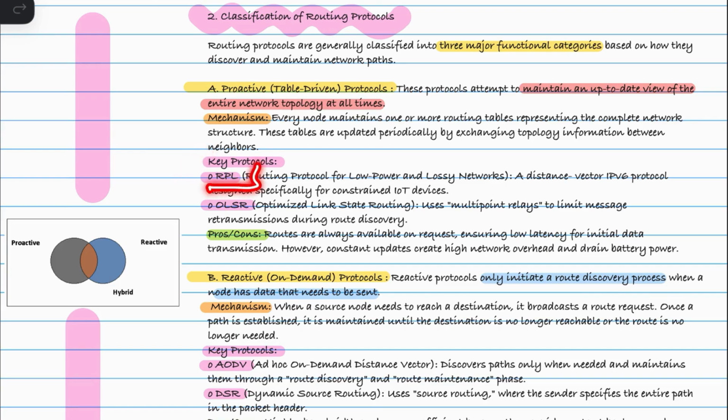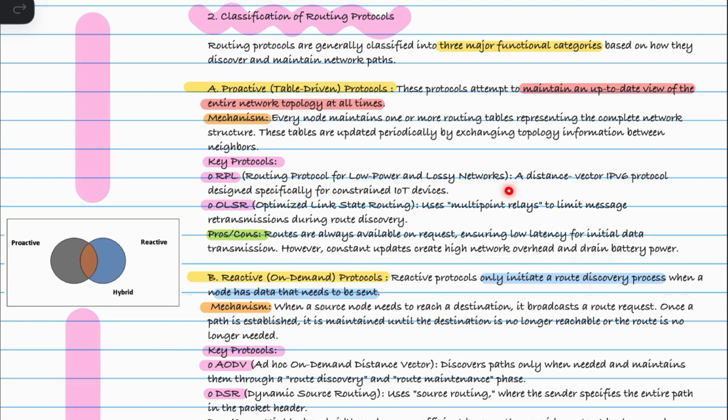First is RPL. RPL stands for Routing Protocol for Low Power and Lossy Networks, LLNs. This is a crown jewel, alright, for the IoT network protocol. It is an IPv6 distance vector protocol which is engineered for low power devices, tiny devices.